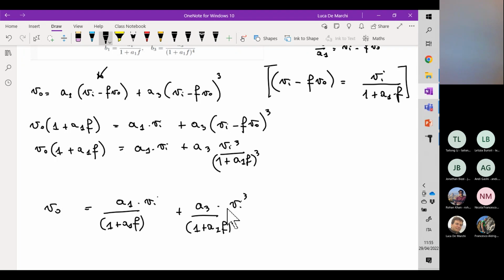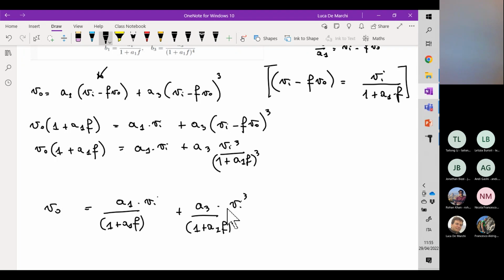So in the last passage, we can use this formula to plug V out here. So we have that V out minus A. Let me first rearrange this one. So VE is minus F V out.